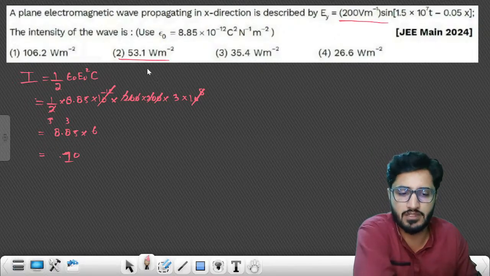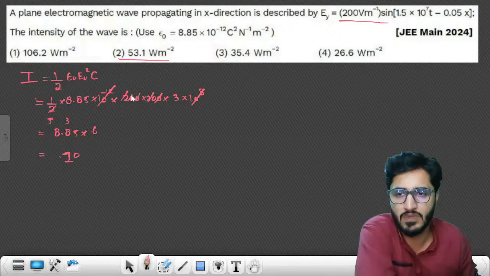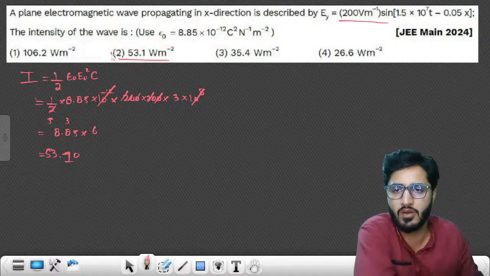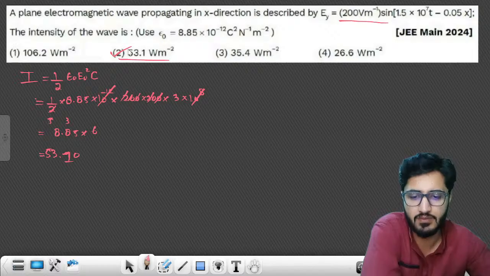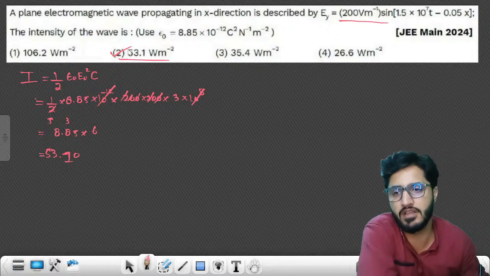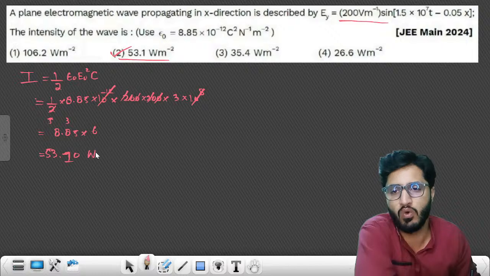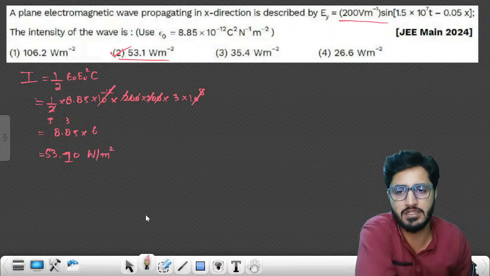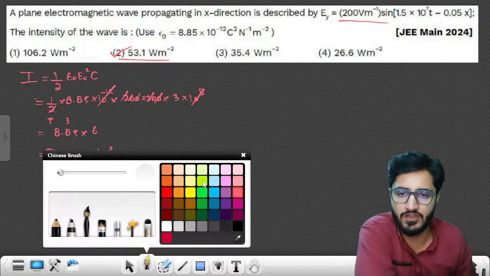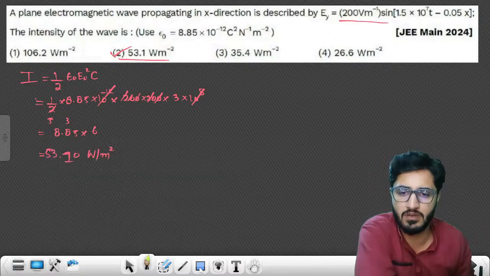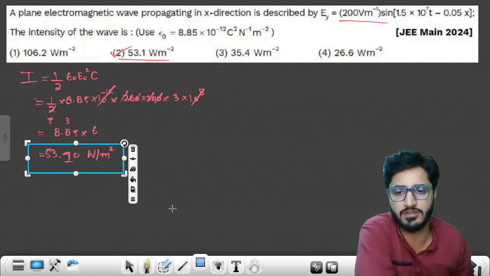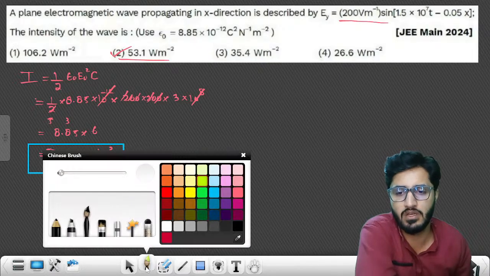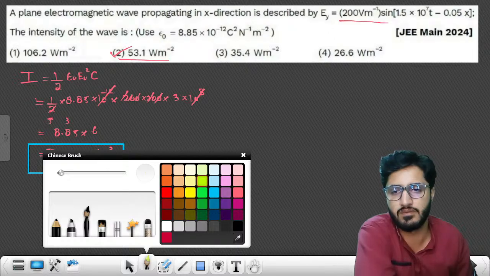Option number second is my answer. Is my answer 53? Option number second. Okay. 53.1 watt per meter square is my answer. Easy? This is my answer, and I showed you how we concluded this.